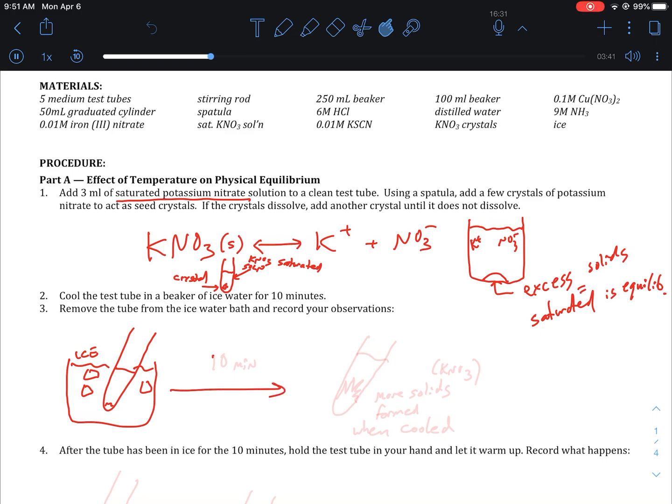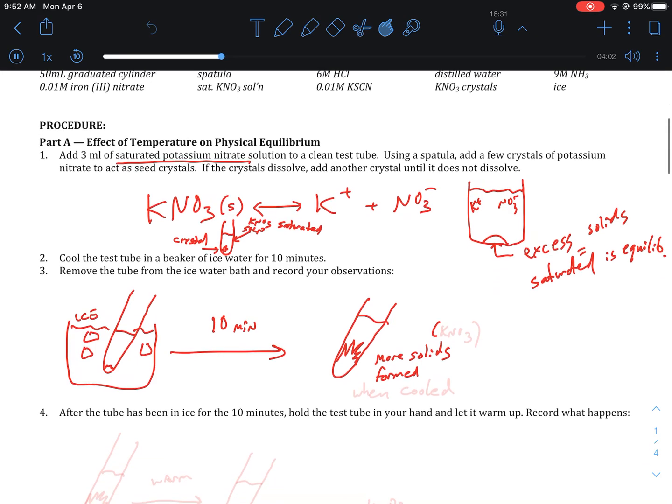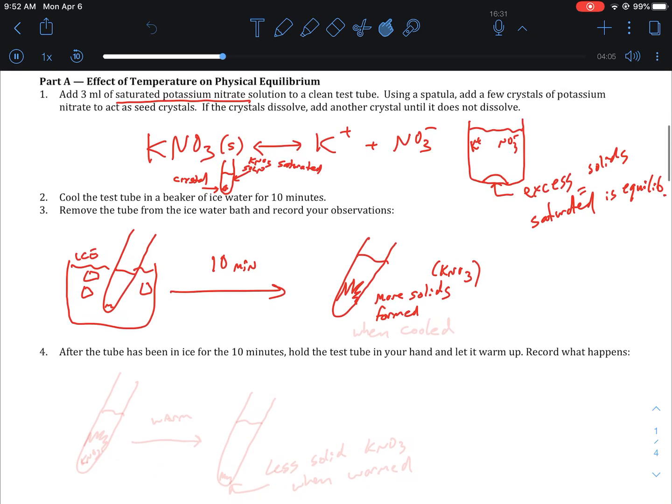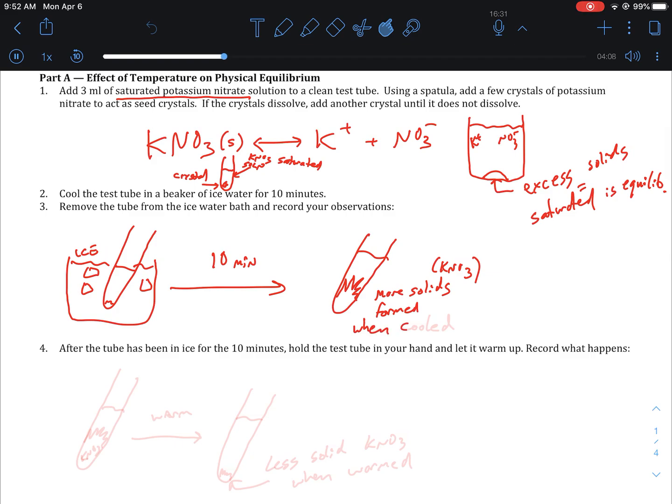After 10 minutes of cooling, when you took the tube out, you would have observed that the crystal would have grown in size, and you would have formed a lot more solid crystal. Of course, that's solid crystal potassium nitrate, KNO3. So what happened was we cooled it, and remember, cooling is removing heat. And when we removed heat, we saw more solid appeared.